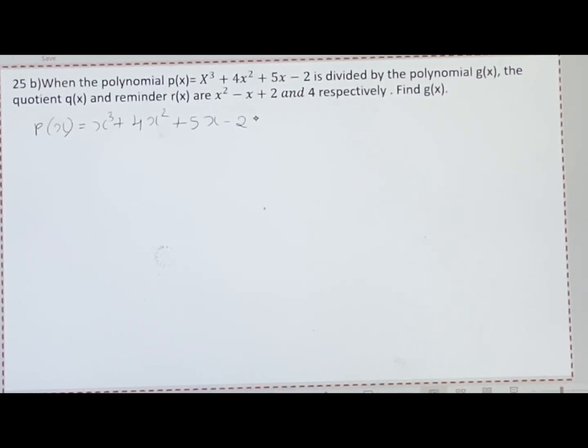And polynomial g of x, and remainder r of x, that is q of x, is nothing but the quotient x square minus x plus 2, and they have given the remainder as well. Okay, so r of x is nothing but 4. Now we need to find the g of x.